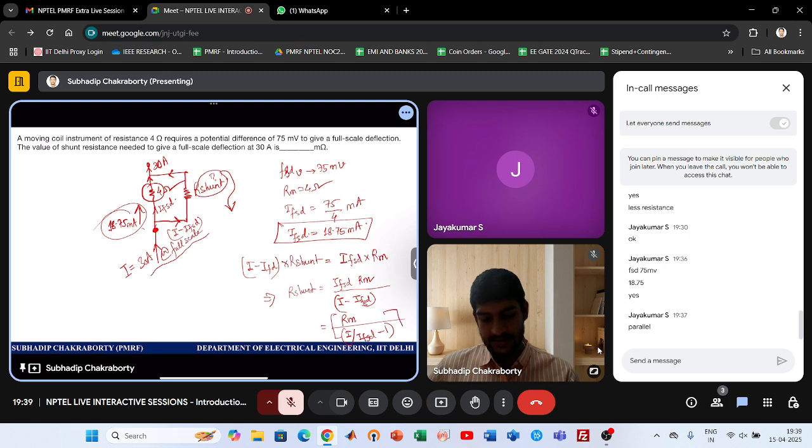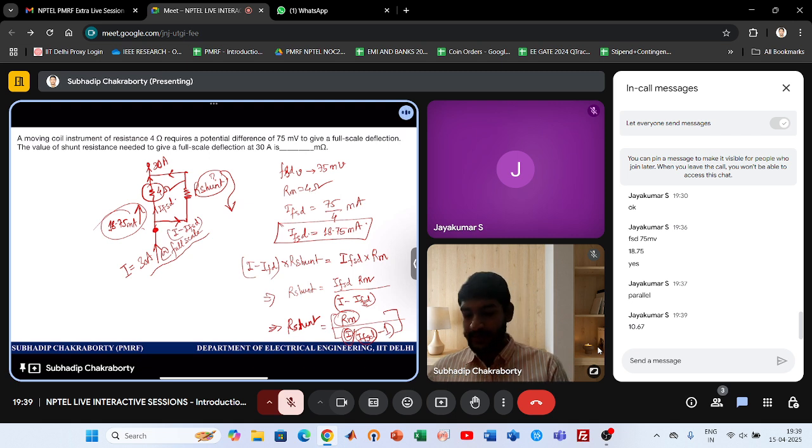Agreed, right? So if I know the value of meter resistance, the current I want to read, and the full scale deflection current for the meter, I can easily calculate R shunt, right?